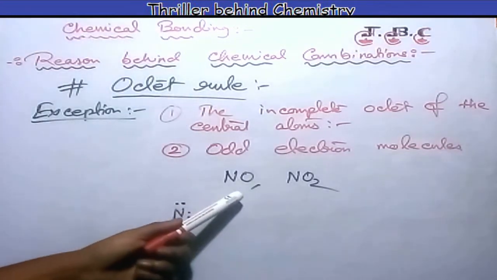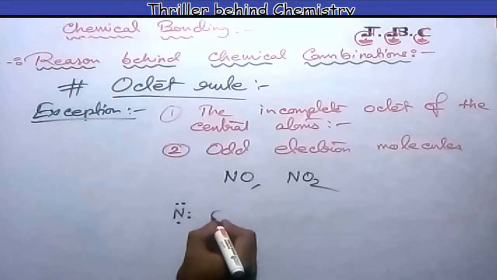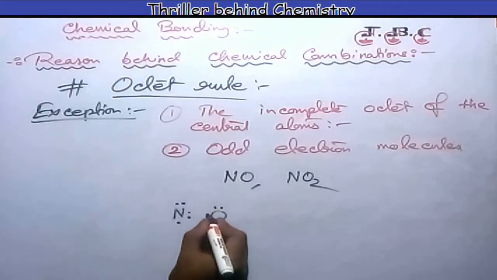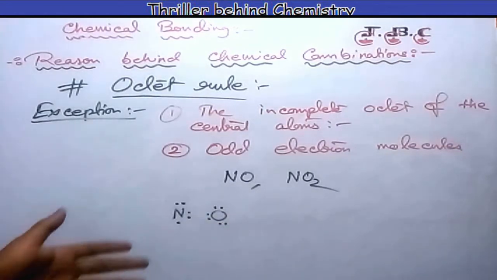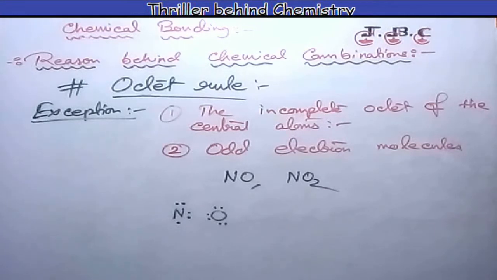For nitric oxide, oxygen also has 6 valence electrons. To attain the stable outer octet electronic configuration, oxygen has to bond with 2 electrons of other atoms.